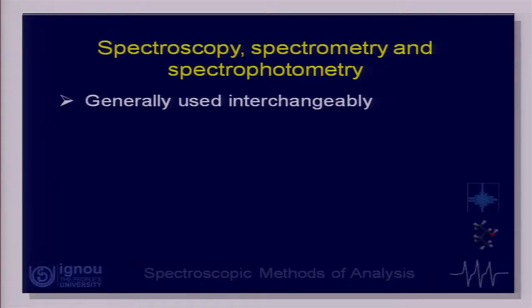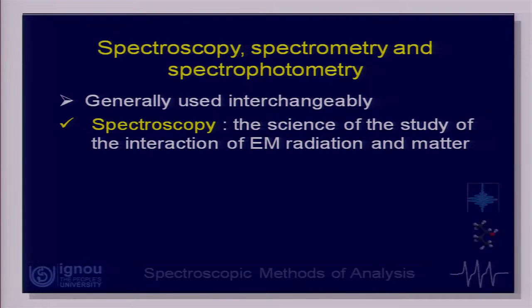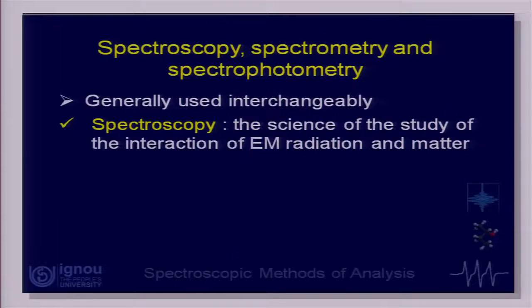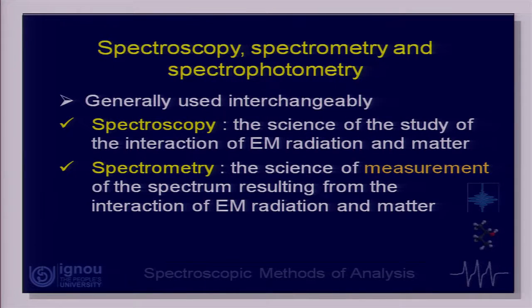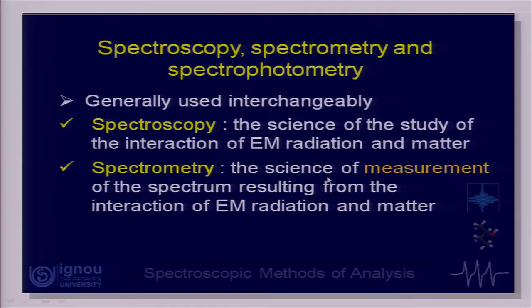When we talk about spectroscopy, it basically refers to the science or study of interaction of radiation and matter. So, that is spectroscopy, it is a branch which deals with that. When you come down to spectrometry, it is more of the measurement of the spectrum. The moment the term metry comes in, metry comes from the measurement part of it. That is, spectrometry basically deals with the science of measurement of the spectrum resulting from the interaction of radiation and matter.